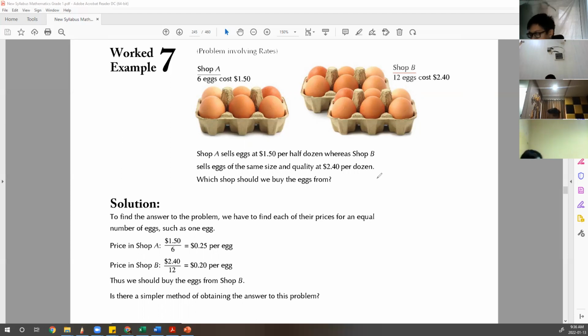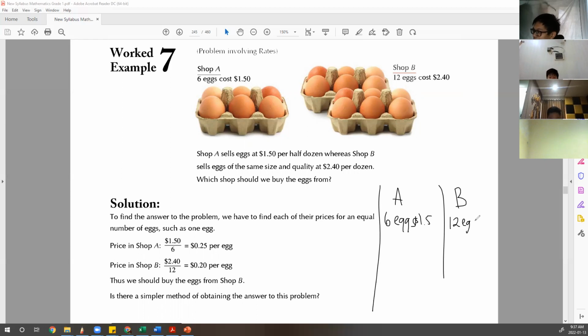Do you have another way? I think I have another way. Look at this. Shop A cost of 6x is $1.5, right? And shop B 12x, $2.4. How about this? I give you the easiest way.